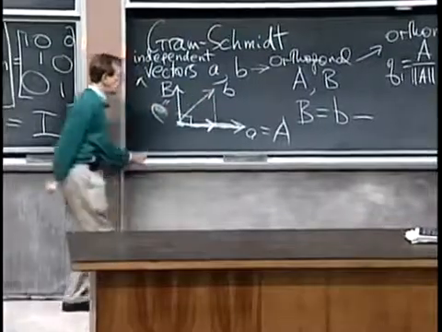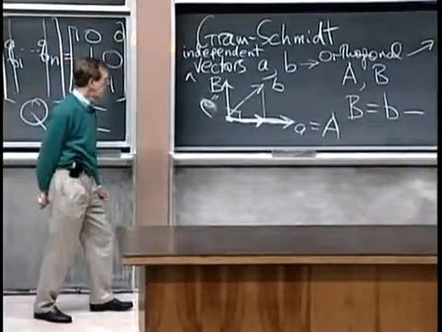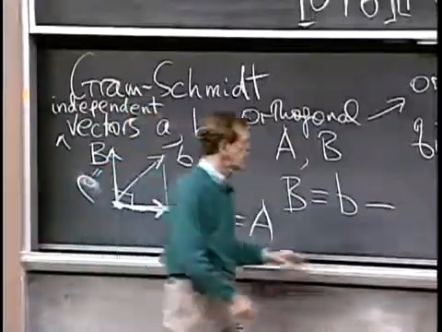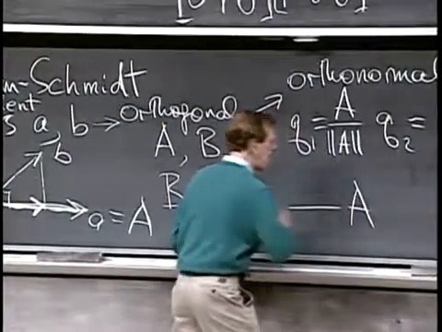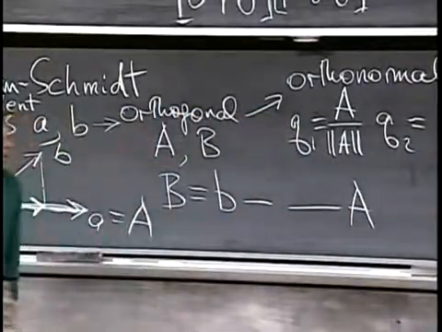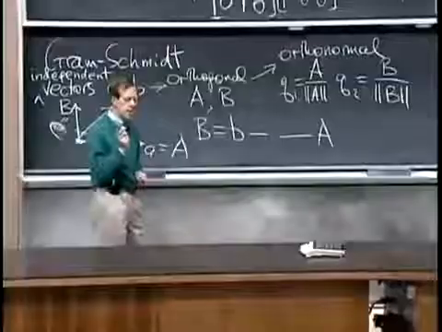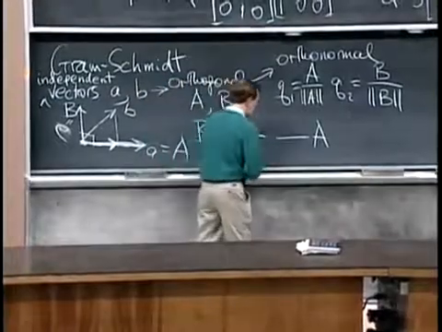So what's its formula? I want to subtract the projection. Do you remember the projection? It's some multiple of A. And what's that multiple? It's that thing we called X in the very first lecture on this chapter.